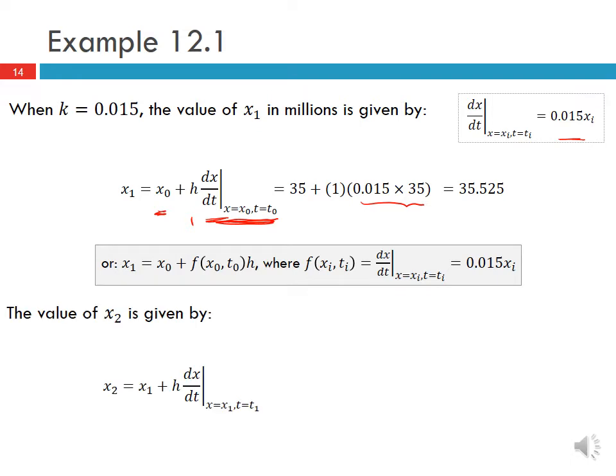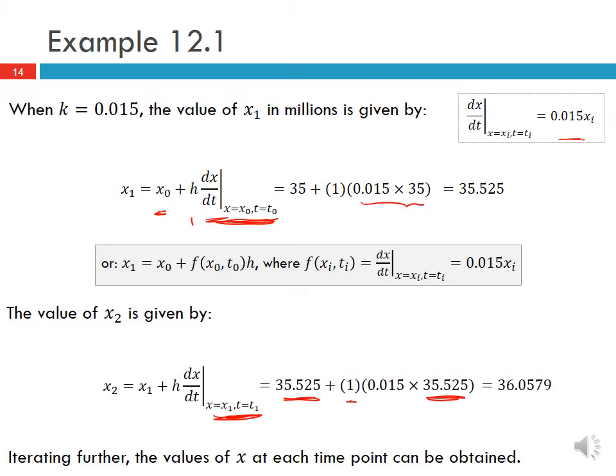So now to find the next value, x2 is equal to x1 plus h dx by dt evaluated at x1 and t1, which is equal to our value that we just calculated for x1, 35.525, plus our step size h times 0.015 times x1, 35.525. So that means our x2 is 36.0579. And this we can continue on to find the value of x at each time point.